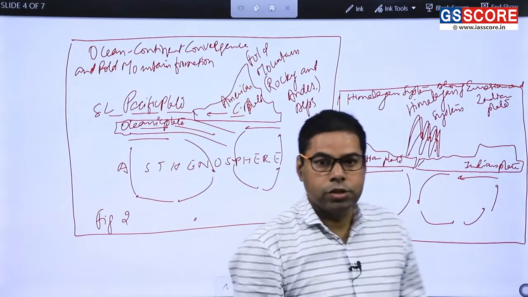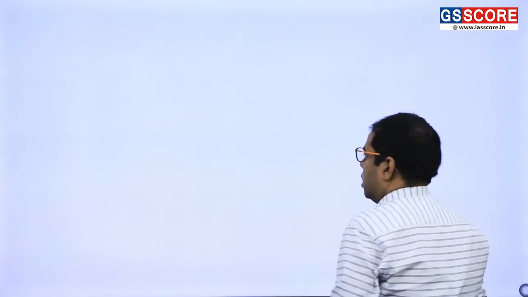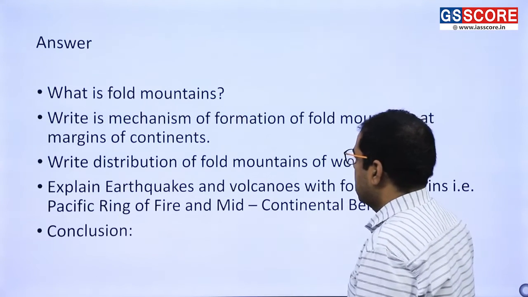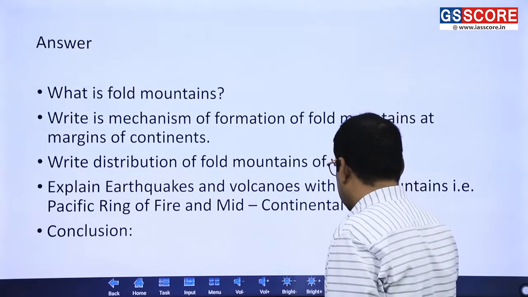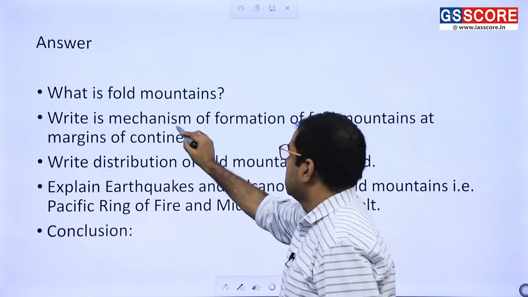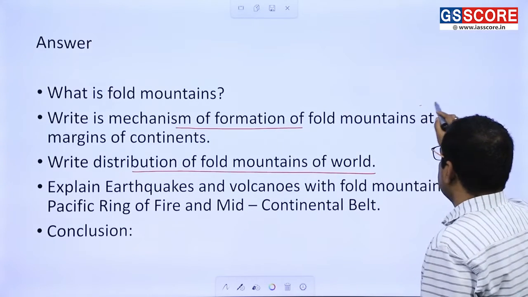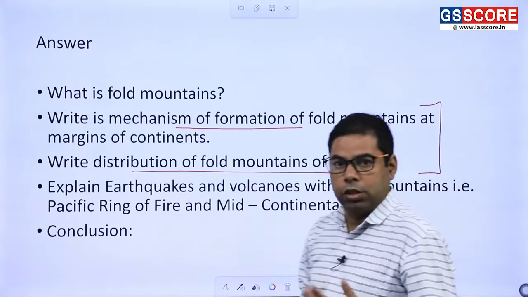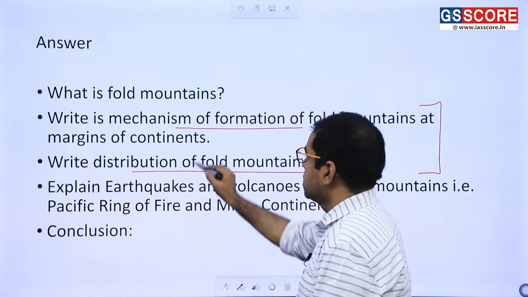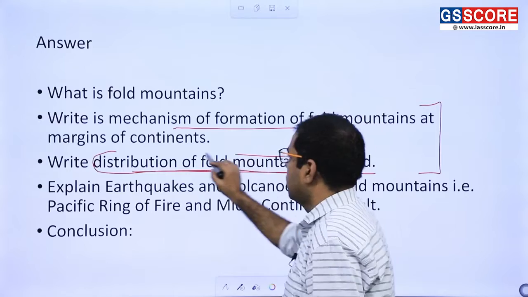So the next part of the discussion or the question is here. Then after, in this discussion of the mechanism, here we have discussed the distribution, so that we take the advantage of reducing the number of words. When we are discussing the mechanism, we will also discuss the distribution of the fold mountains.